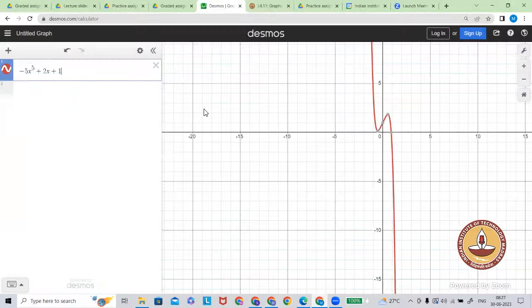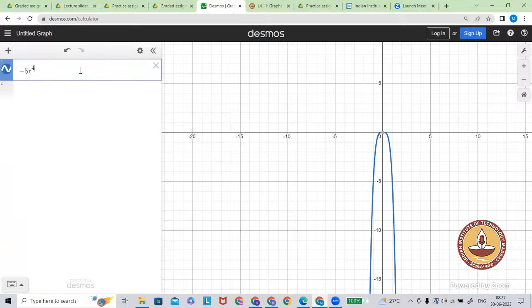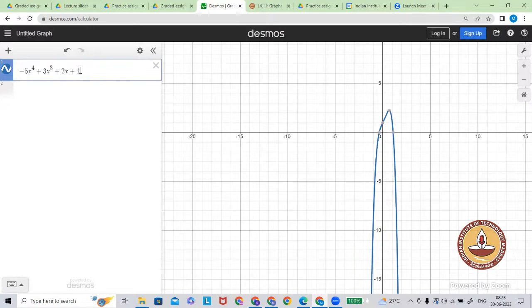Let's say we have the graph here. Minus 5 is there, negative, and x to the power 4, even, is there, and 3x cube plus 2x plus 1.